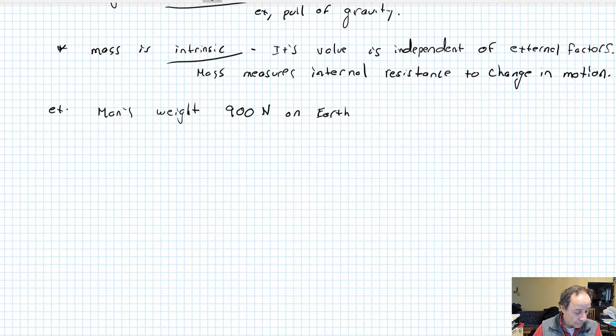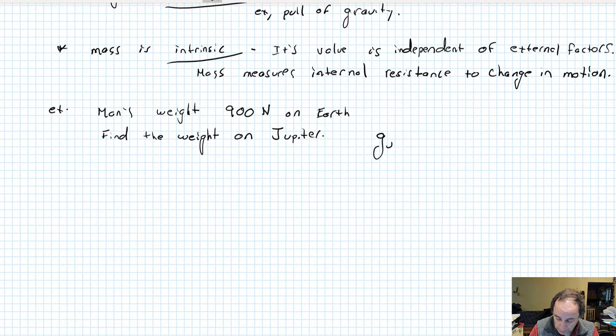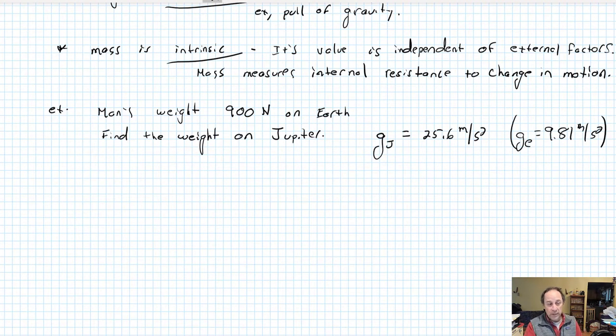Okay, so find the weight on Jupiter, where the gravity of Jupiter is 25.6 meters per second squared. Remember, gravity of Earth is 9.81 meters per second squared. So you're going to expect the weight to be about 2.5, 3 times more, right?